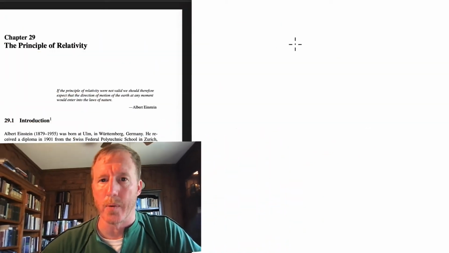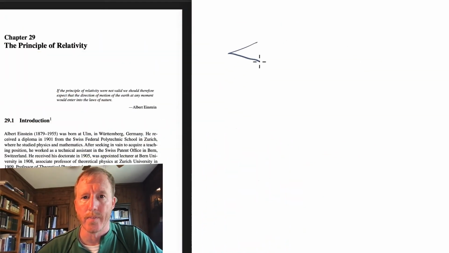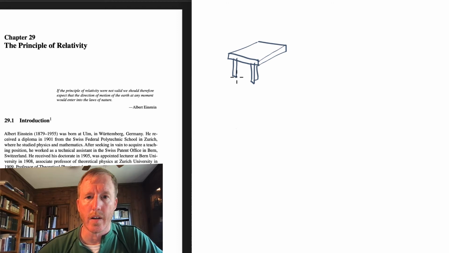Let me begin by saying this. Things appear differently to different observers. So you might think about, for example, a table. I'm going to draw a picture of a table. A rather simple table.